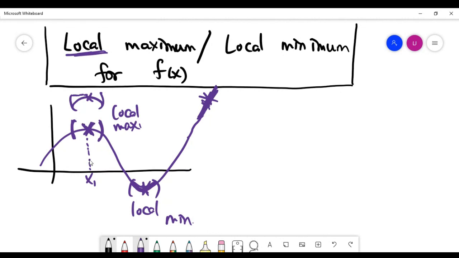Anyway, it doesn't change the fact that this point x1 is actually a local maximum because for local maximum, we only care about the neighborhood. As long as the values around this point are all lower than the value you can achieve at x equals x1, we'll call it a local maximum. And local minimum has the same meaning.